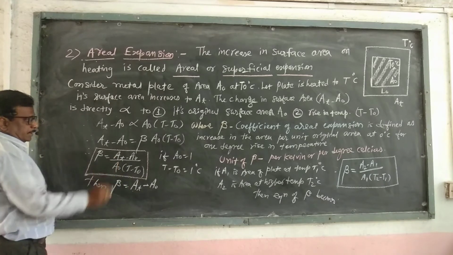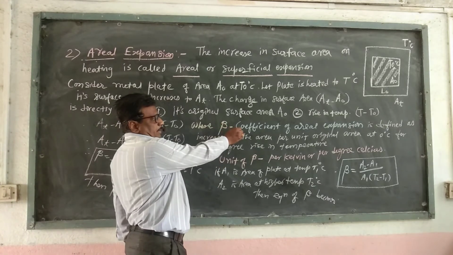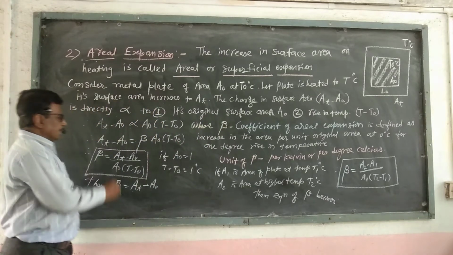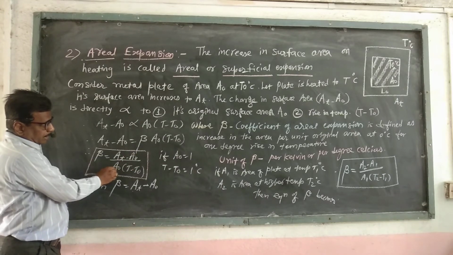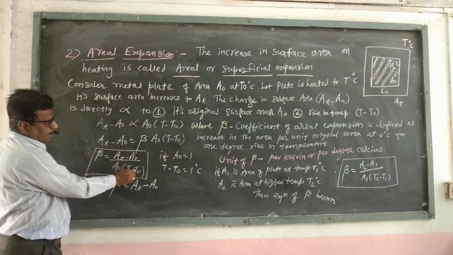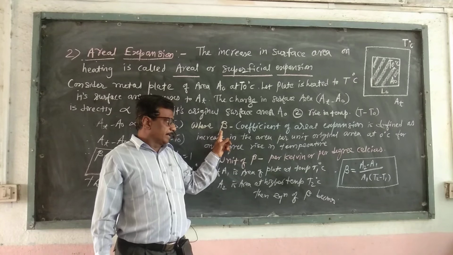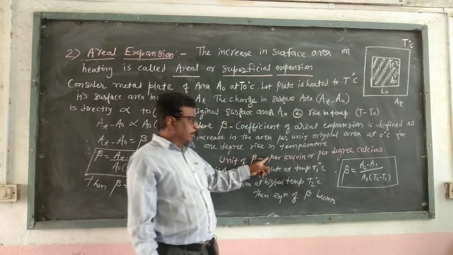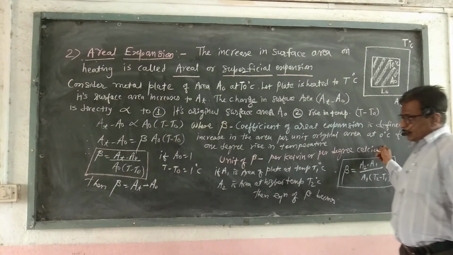From that equation, we define beta, the coefficient of areal expansion, as the increase in area per unit original area at 0 degree Celsius for 1 degree rise in temperature. So that is the definition of beta. The unit of beta is per Kelvin or per degree Celsius.